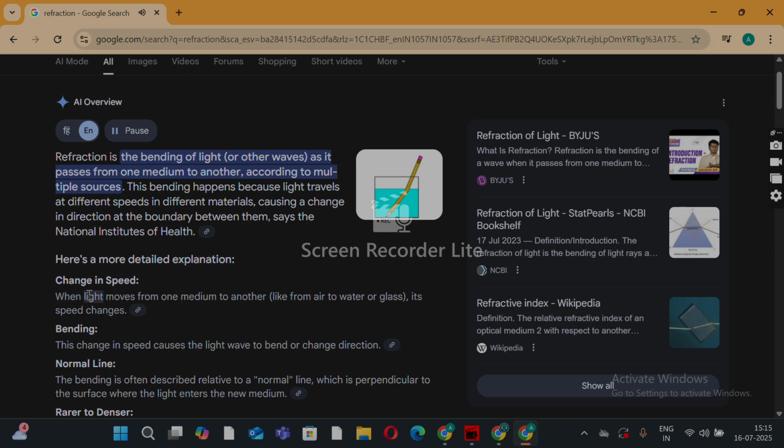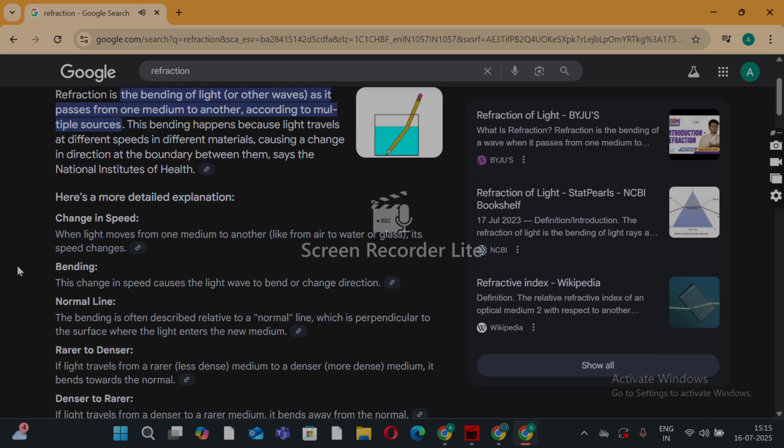When light moves from one medium to another, like from air to water or glass, its speed changes. 2. Bending. This change in speed causes the light wave to bend or change direction. 3. Normal line. The bending is often described relative to a normal line, which is perpendicular to the surface where the light enters the new medium.